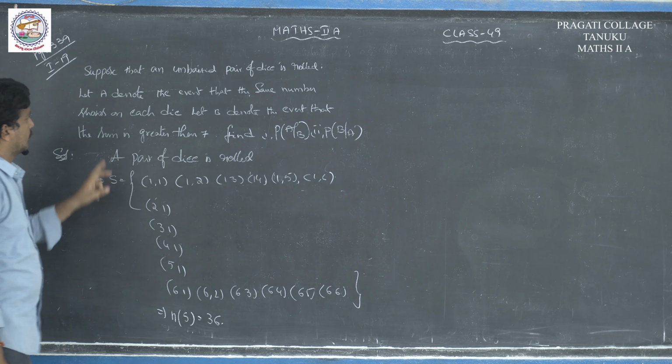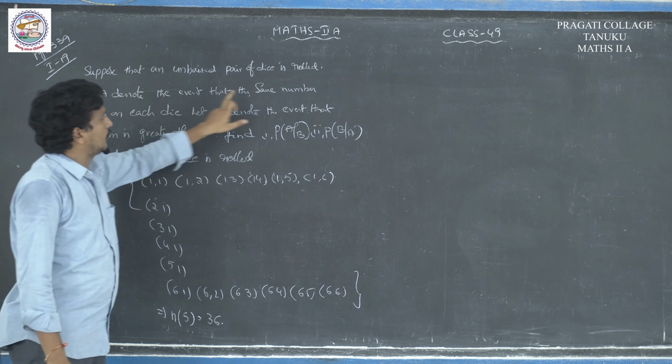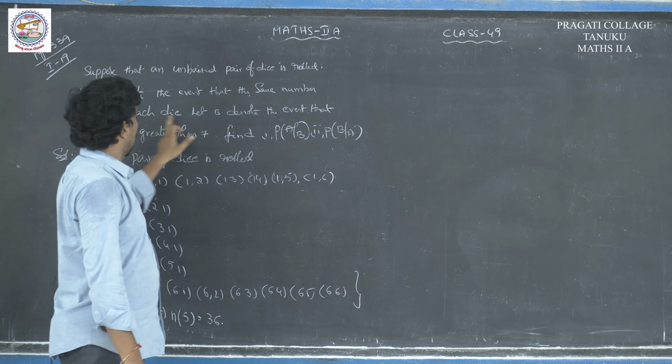So to write it: here A denotes the event that the same number shows on each die.